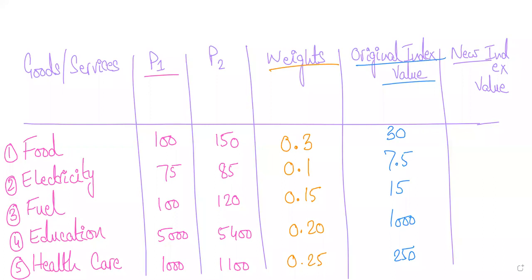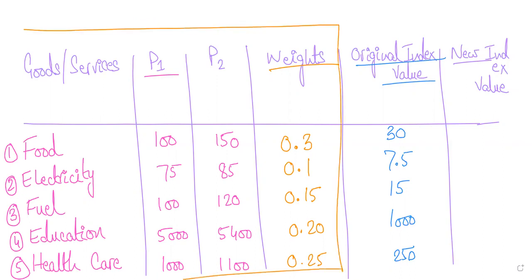Okay, Laiba, let me explain again. So think about this. Original index value, this was up till this part. Students, please pay attention. Up till this part was the data that we have gathered from different sources. What does that mean? What are the typical goods that a consumer consumes? We have listed 5 items over here.